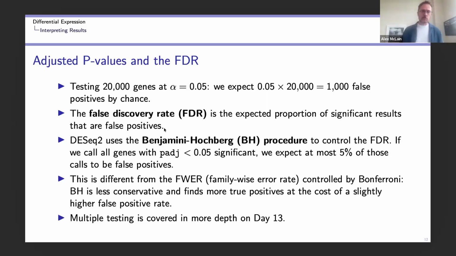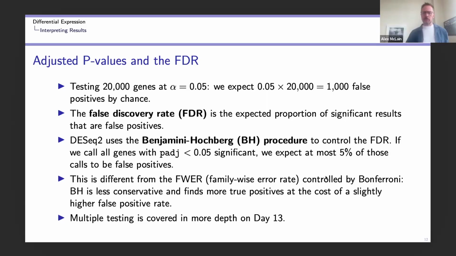And the particular procedure is called the Benjamini-Hochberg procedure to control the false discovery rate. So this p-adjust has been adjusted for multiple comparisons using this Benjamini-Hochberg procedure.